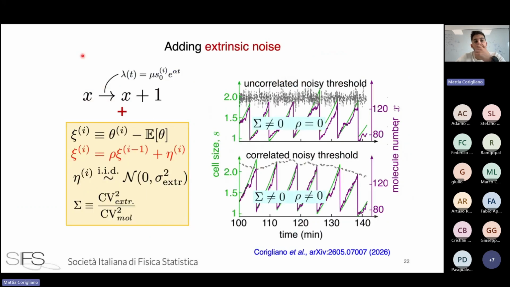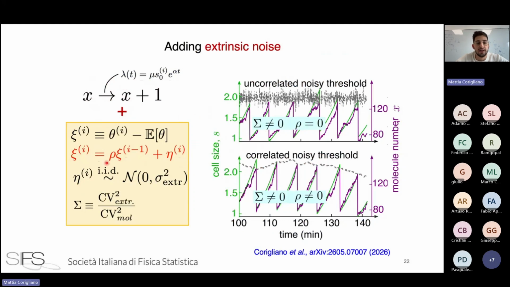So we consider basically the initial simple accumulation dynamics for the molecular divisor molecule. So you synthesize this molecule with just a size proportional term. But then on top of that, you consider fluctuations, extrinsic noise, and basically we consider fluctuations in the threshold. And we model fluctuation in the threshold as an Ornstein-Uhlenbeck process. So you have a given memory rho with the previous fluctuation and a sort of independent noise term eta i.